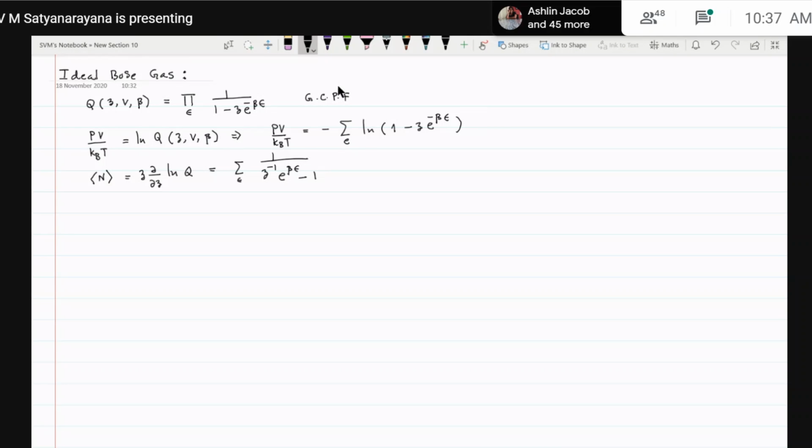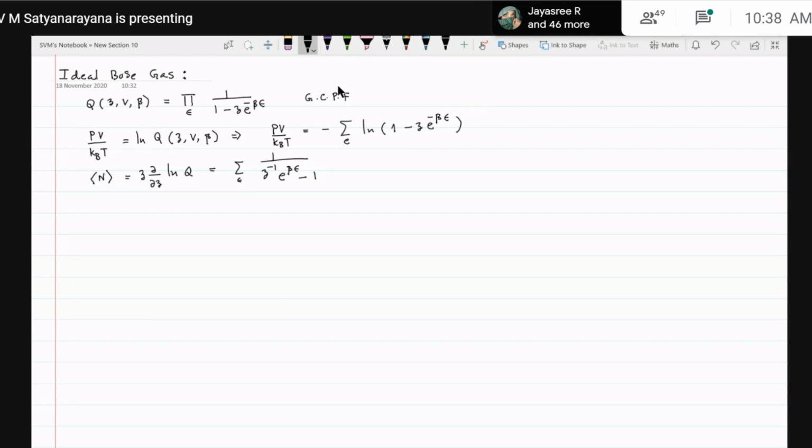Okay, so these are our starting expressions, because this is something which we already saw in the last class for bosons. So this is the grand canonical partition function for Bose-Einstein statistics, and from there we can get an expression for PV.